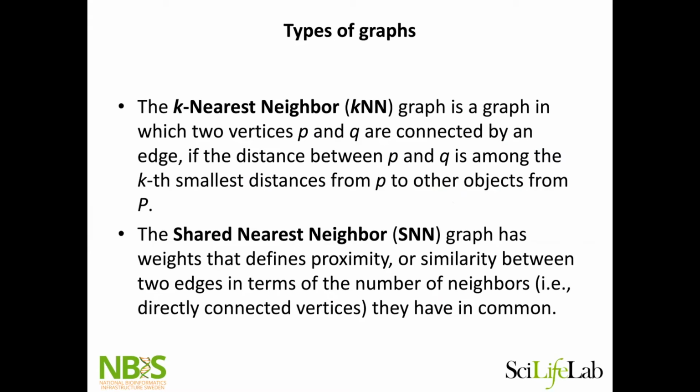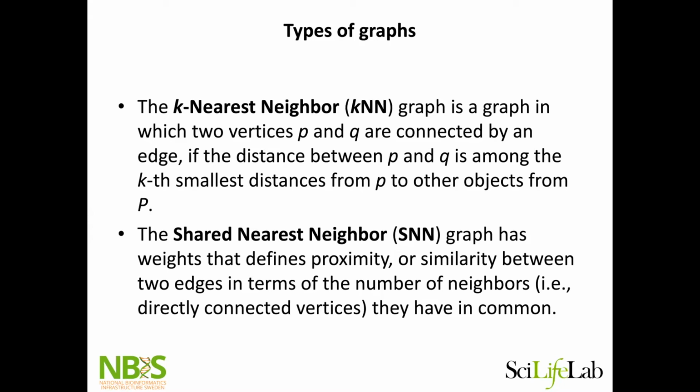That can be Euclidean distance in PCA space, or it can be correlation to other cells in whatever space you're using. So an edge between two cells means that they're very similar, they're close to each other in maybe the 30-dimensional space of 30 principal components. Was that clear? Yes, thank you.